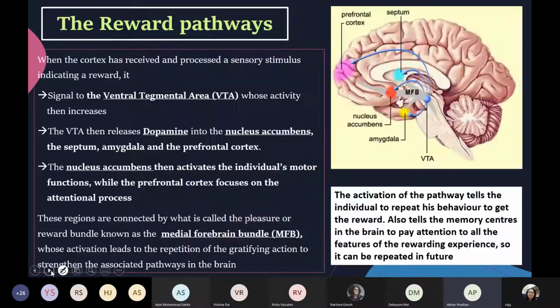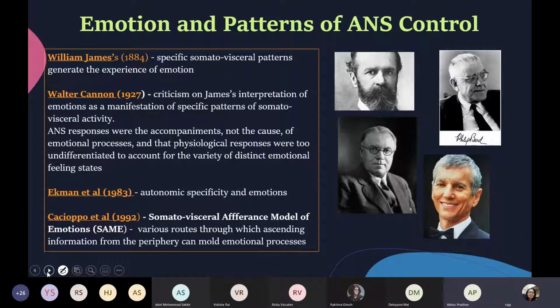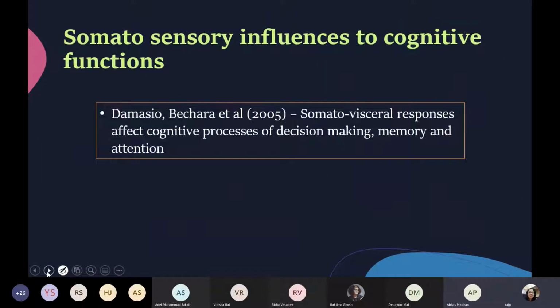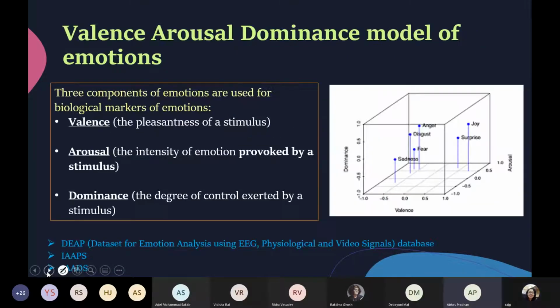So there is a pathway. I will talk about this pathway later. As I said, these can be measured, and there are various theories that have come up for these emotions.